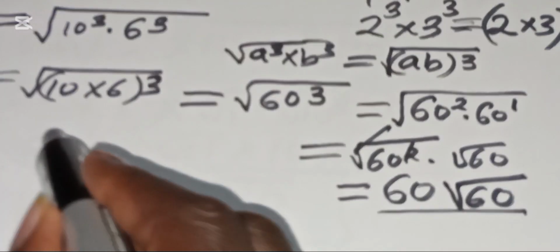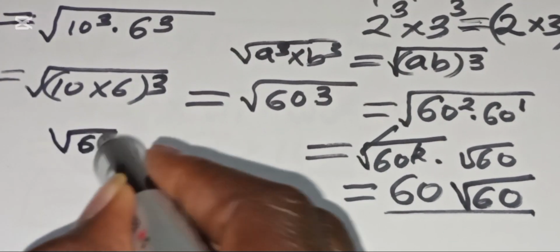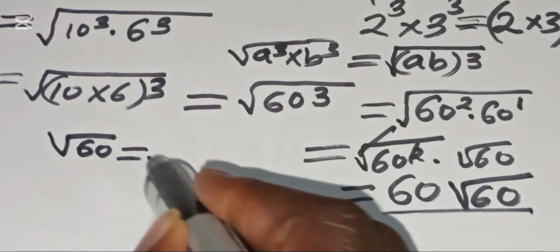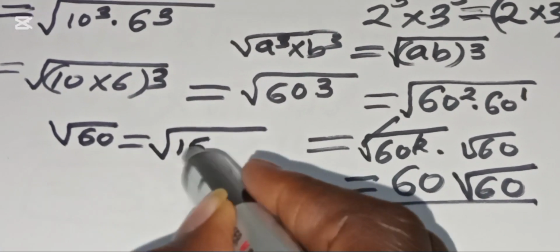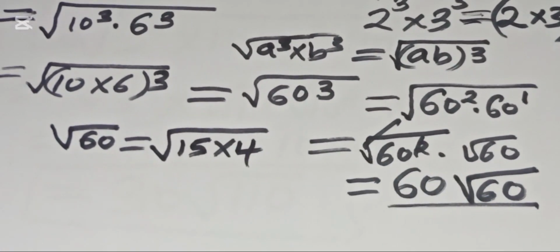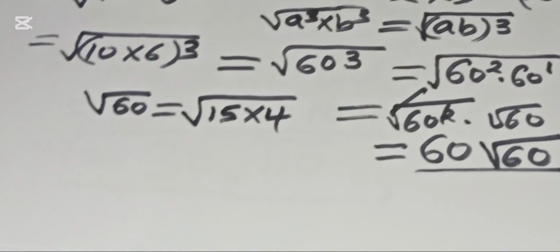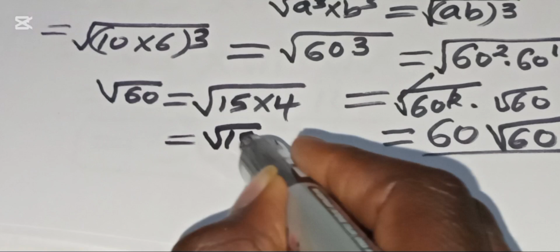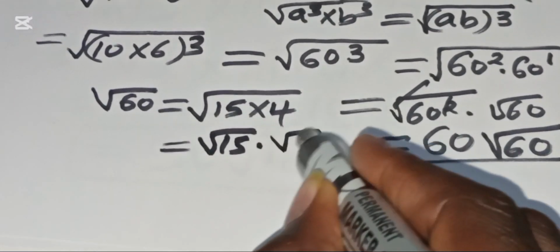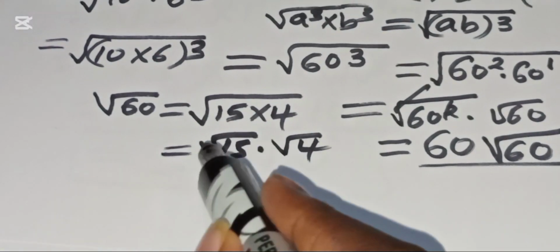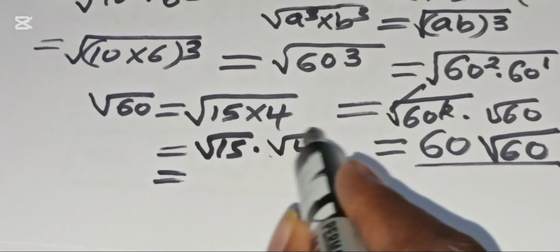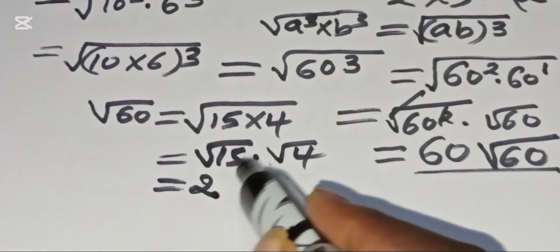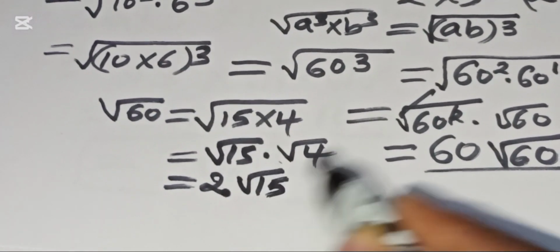Now the square root of 60 is the same thing as the square root of 15 multiplied by 4, which is the square root of 15 multiplied by the square root of 4. The square root of 4 is 2, so this is 2 multiplied by square root of 15.